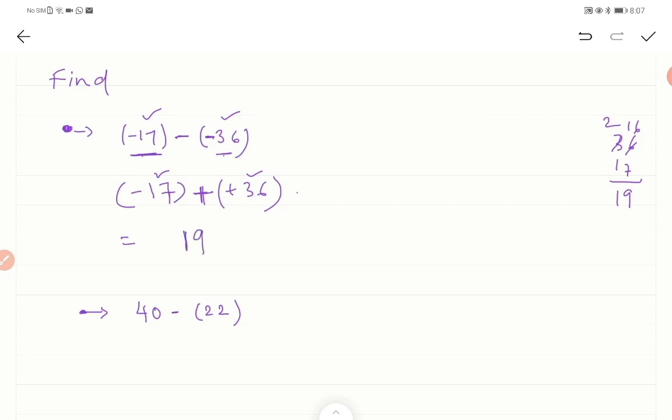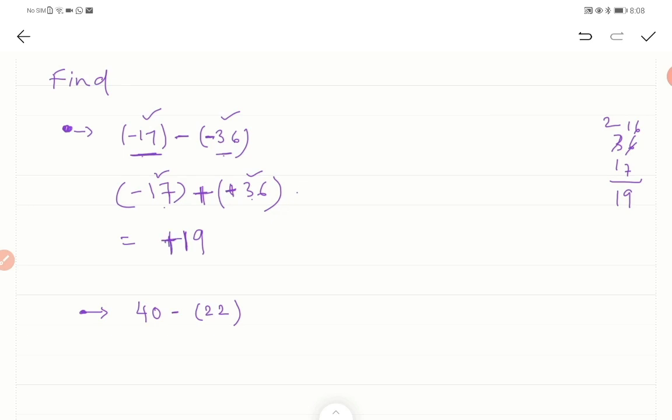What should be the sign now? The sign should be that of the bigger number, right? Between 17 and 36, which is the bigger number? It is 36. It is positive, so I will take positive.